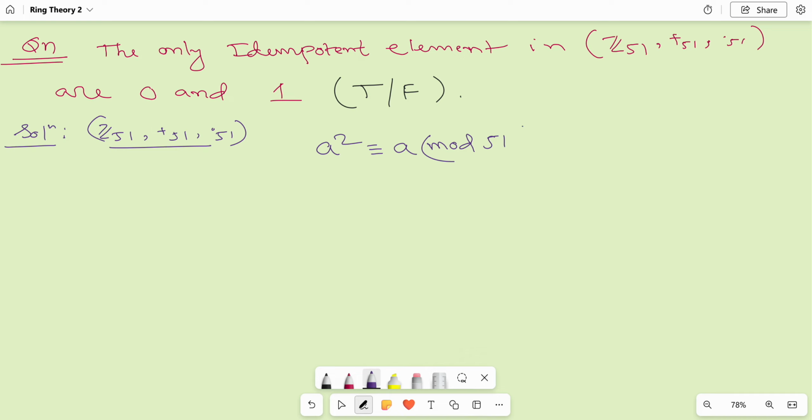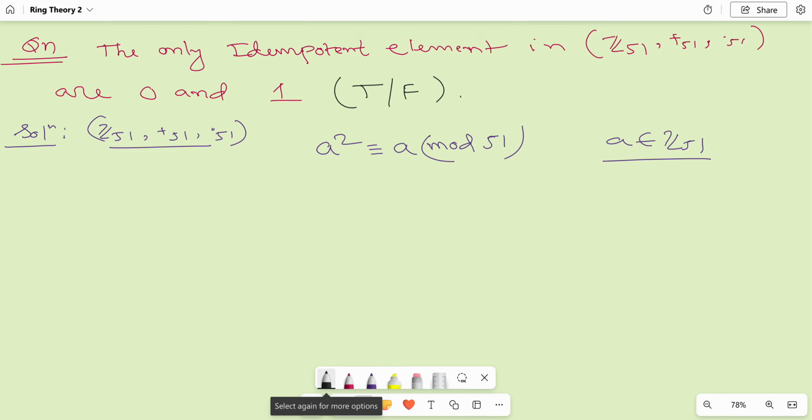Those are the elements satisfying this equation for a inside Z51. This is equivalent to saying that a square equals a under mod 51. Those elements satisfying this equation are the idempotent elements, the only idempotent elements.